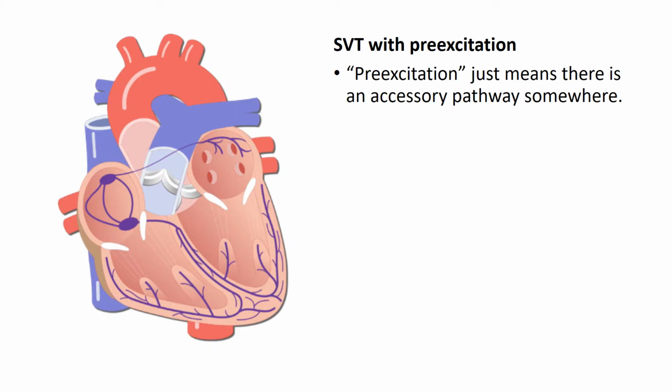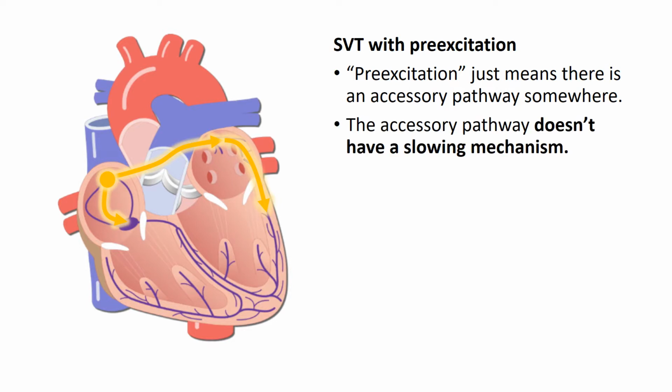And this brings us to the next topic, which is SVT with pre-excitation. Pre-excitation just means that there's an accessory pathway somewhere in that system. So as an example, if I put that Wolff-Parkinson-White extra little bit of conductive tissue back up, in a normal system, you'll see the sinus node depolarize the atria, but then that extra little pathway gets engaged and kind of reaches into the ventricle a little bit.